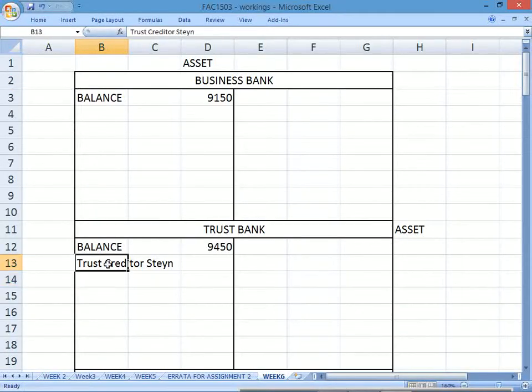Stain, trust creditor Stain, trust creditor Nkosi. Okay, so for Stain, 15,000. Okay, I highlighted the credit earlier. I'm going to highlight the debit now. See, there's the debit. Right, it has to balance. So when you do this, you do it debit and credit together. Okay, journal by journal, journal by journal, journal by journal, and then it's not too bad.